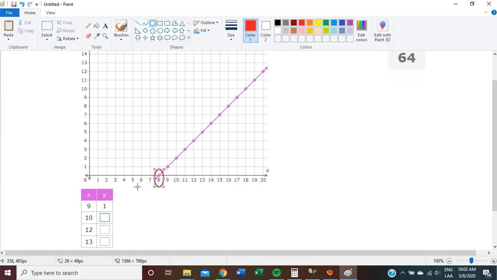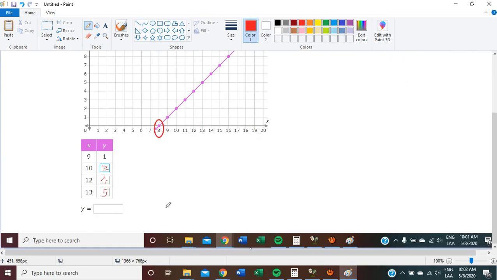So 10 minus 8 equals 2, right? Okay, 12 minus 8 equals 4, and 13 minus 8 equals 5. Okay, so that's going to be our answer.